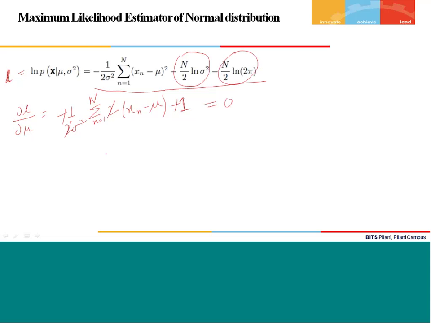So you are left with this expression: 1 upon sigma square, sum over n equals 1 to n of x n minus mu equals 0.